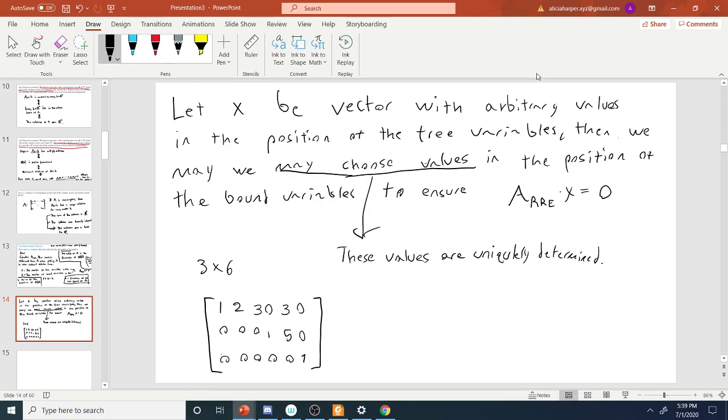And suppose I choose, so these columns all correspond to free variables. So I can literally say, F2 is free, F3 is free, the first variable is bound, the fourth variable is bound, the fifth variable is free, and the sixth variable is bound.